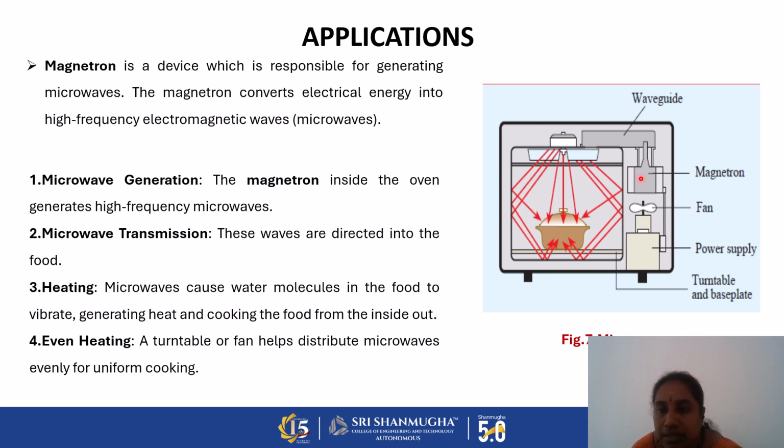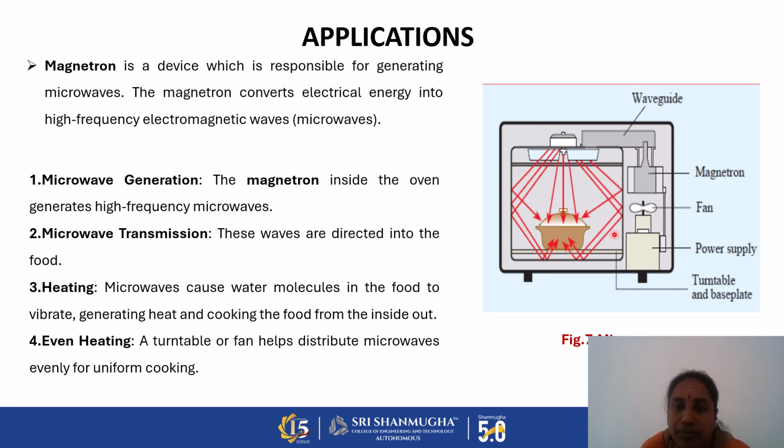And this is the fan, this is the power supply, and this is the tunable stirrer and the base plate of the microwave oven. These are the main microwave elements in the microwave oven system.